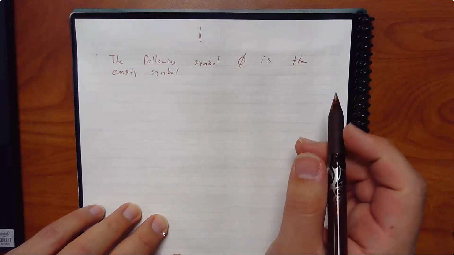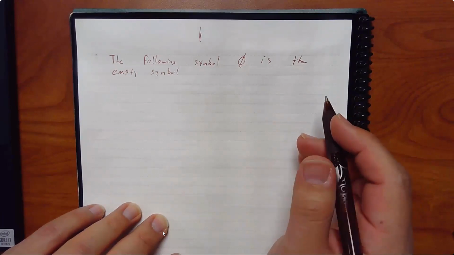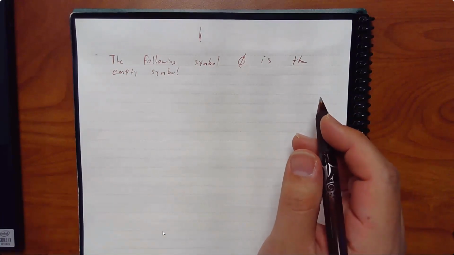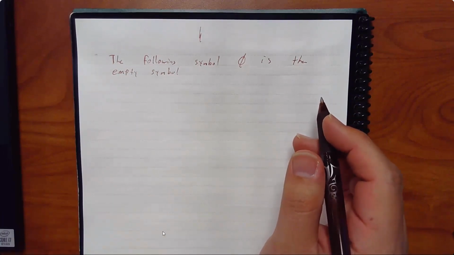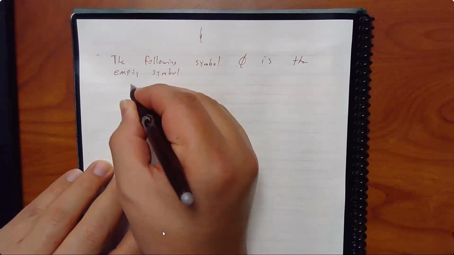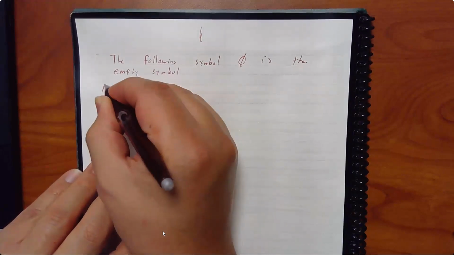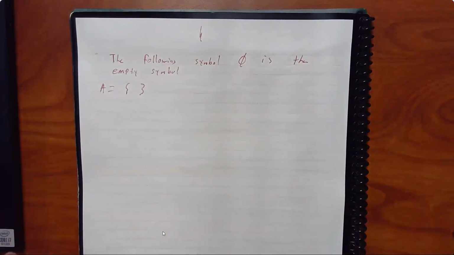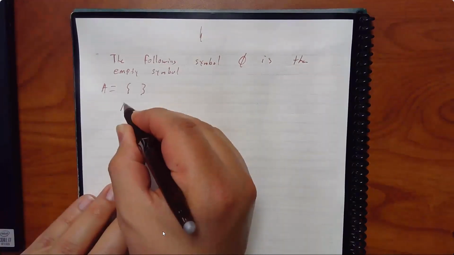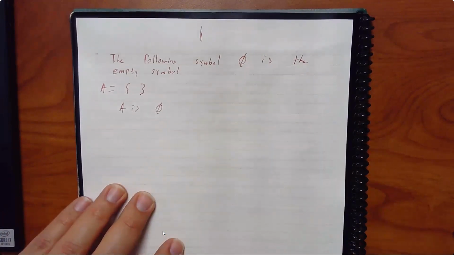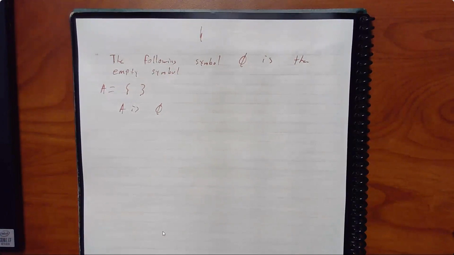For example, let's say I call the set A equal to this. There's nothing in there, so you would say A is empty. But it has to be truly empty.